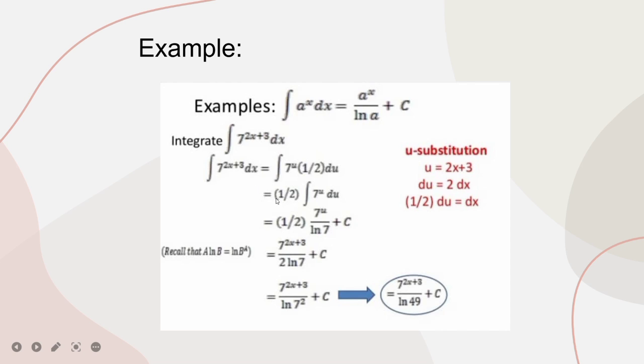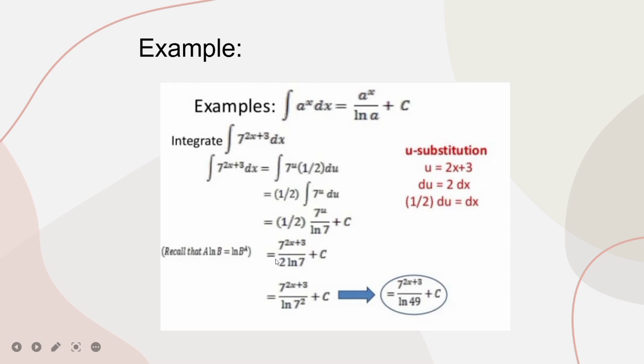So, it is equal to 1 over 2 the integral of 7 raised to u du equals 1 over 2 times 7 raised to u all over ln a, and the a is equal to 7, ln 7 plus c.